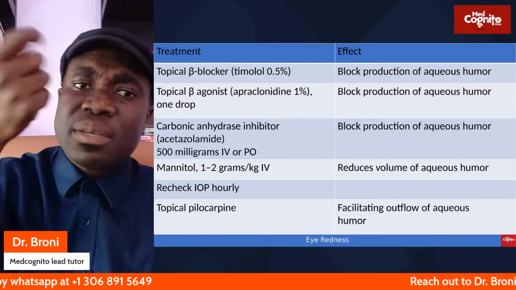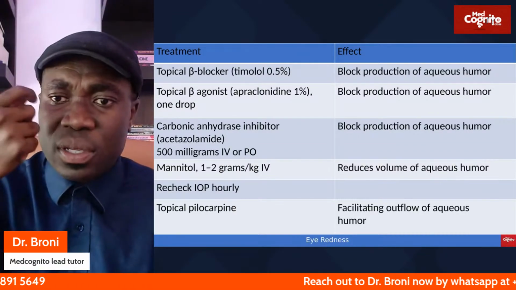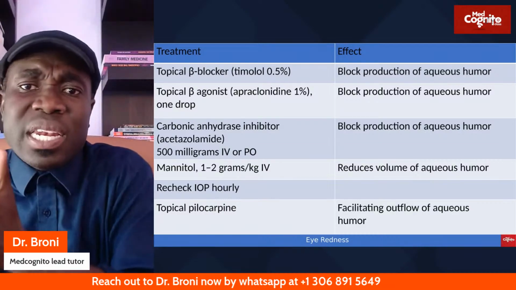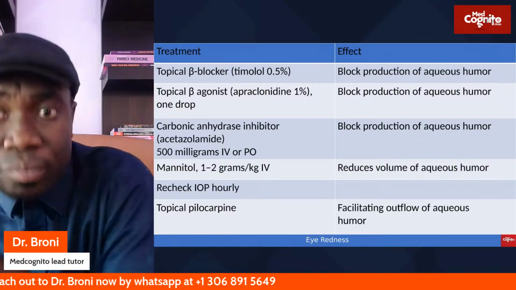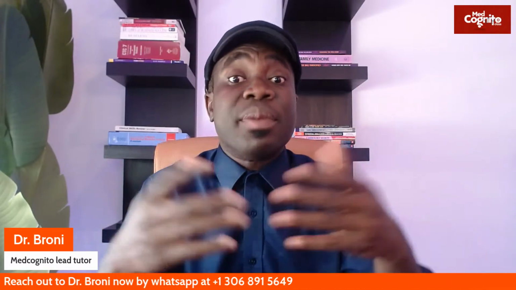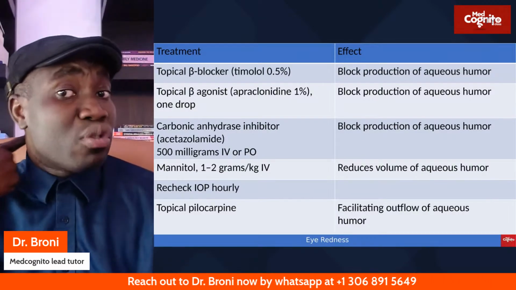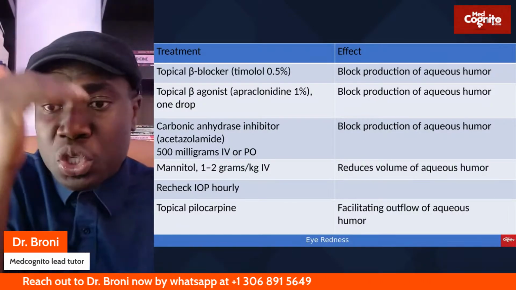You just keep applying timolol, and it will help to block the production of aqueous humor. Do we all understand where we are getting to now? Somebody will say, just give timolol. Why? At MedCognito, we want to understand. We give timolol because timolol can help to block the production of aqueous humor.